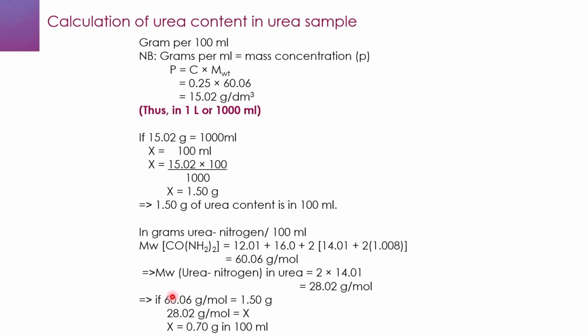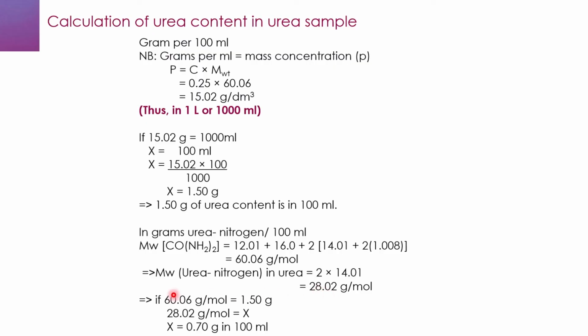So now, the molecular weight for the amount of nitrogen present in the urea is given as 2 times 14.01 over here. So this is equal to 28.02 grams per mole.